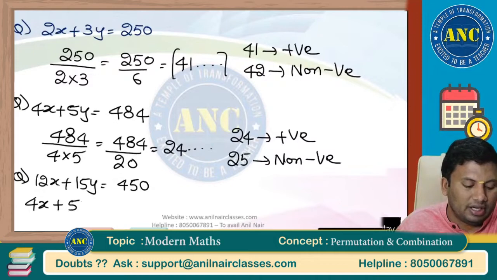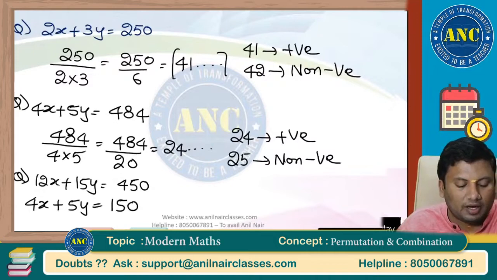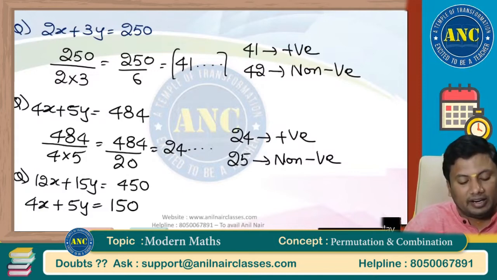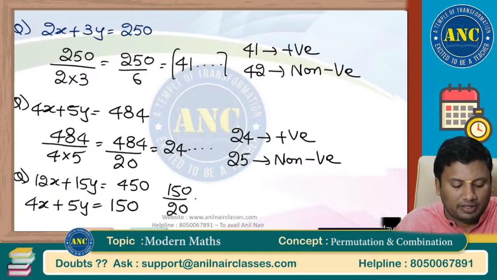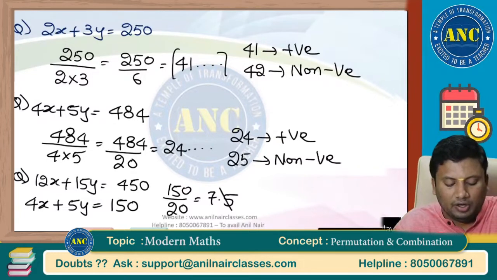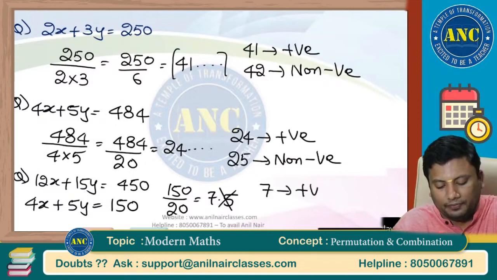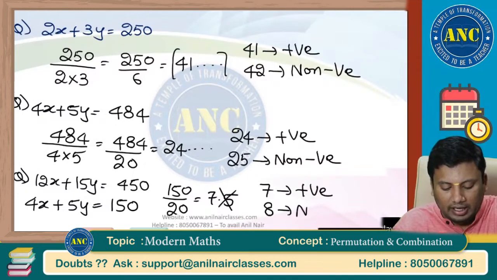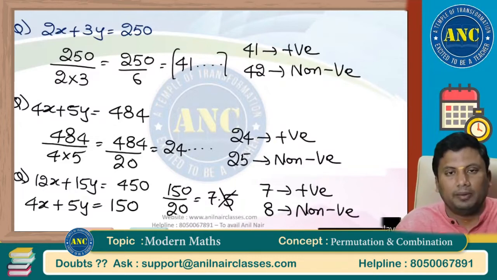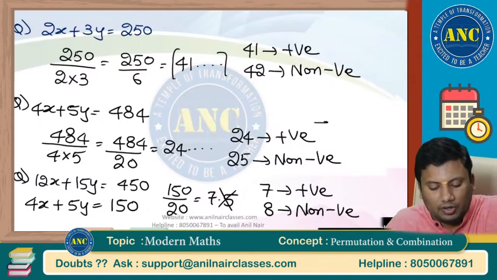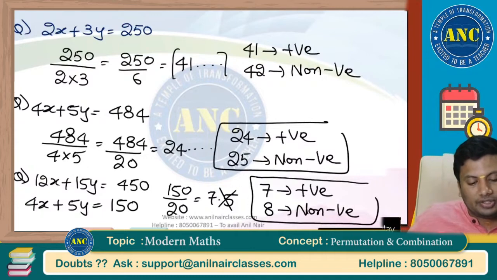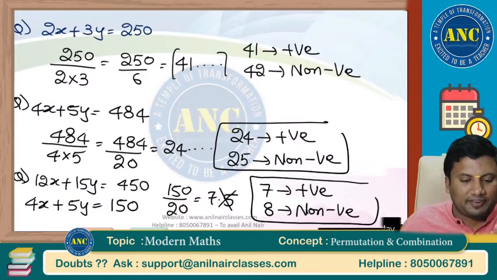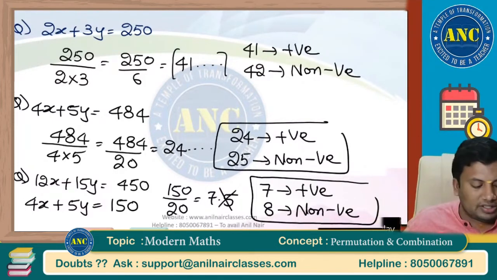Divide by 3. 3 into 4x plus 5y equals 150. 4 is not a factor of 150. 5 is a factor of 150, so 150 by 20 is 7.5. Ignore the decimal. 7 will be positive and 8 will be non-negative. Earlier 24 positive, 25 non-negative; here 7 is positive and 8 will be non-negative. 3 into 4x plus 5y equals 150. 5 is a factor of 150. Both of them are factors of the right hand side.